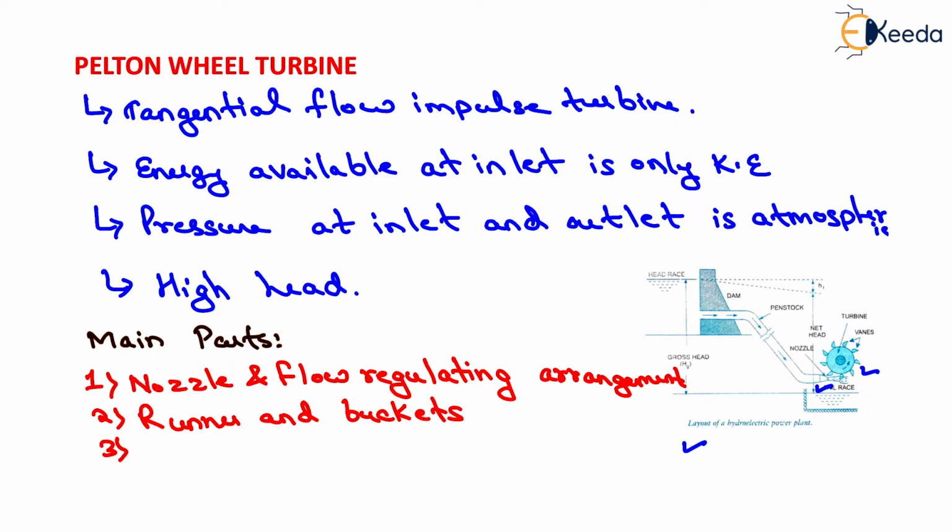The third one is the casing, and the last one is the braking jet. Now we will discuss each and every main part in detail, starting with the nozzle and flow regulating arrangement.